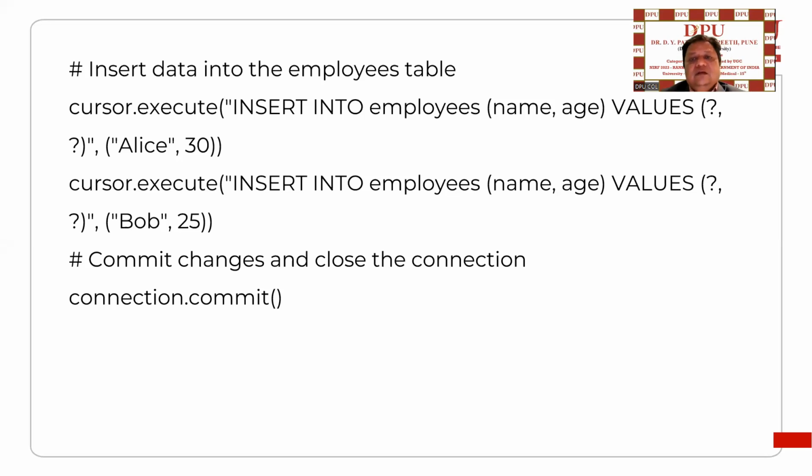But suppose that you want to enter data for all columns. In that case, you don't need to specify the column names here. You can just write the query as INSERT INTO employees and then VALUES directly. It depends. Suppose there are 8 columns in your table and you want to insert data for only 6 columns. Whichever columns you want to insert data into, you need to specify the column names here, separated by commas.